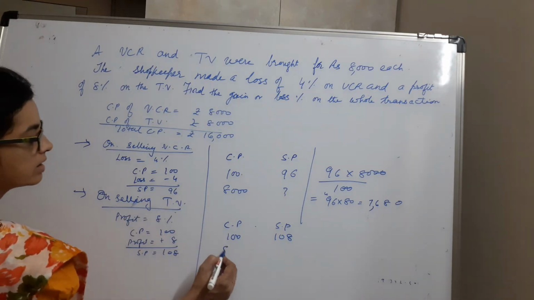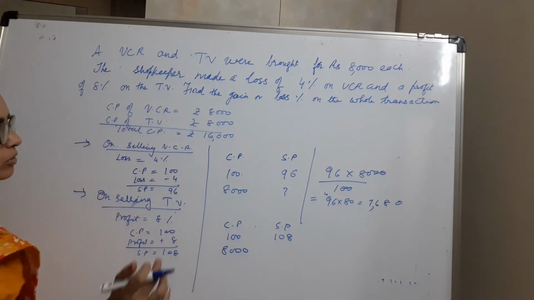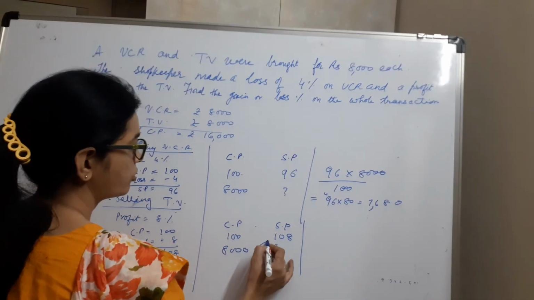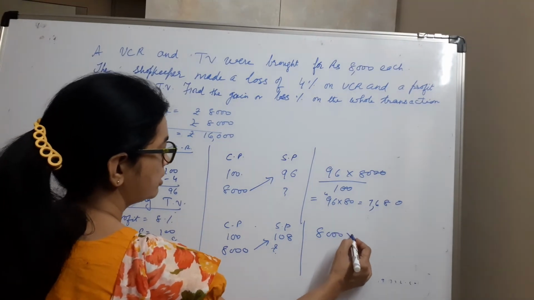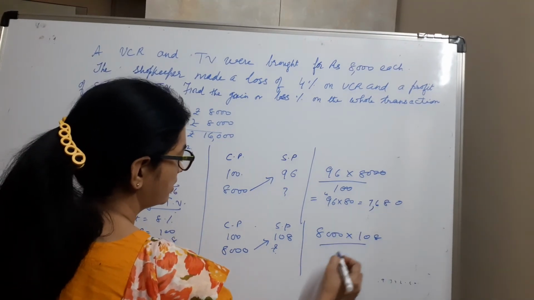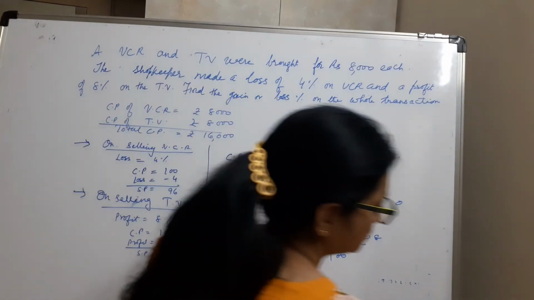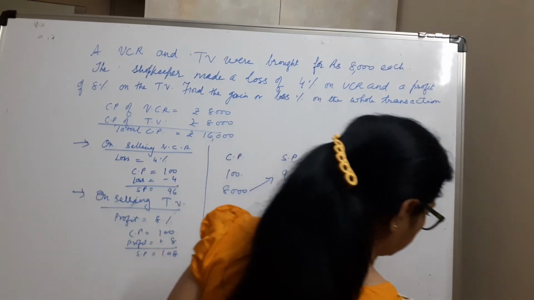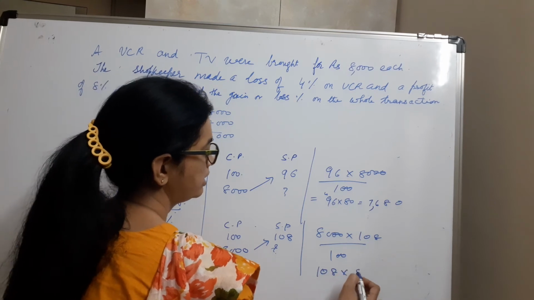But what is the CP of the TV? It is 8,000. Both are 8,000. We have to find SP. Cross multiply. 8,000 into 108 upon 100. 108 into 80.